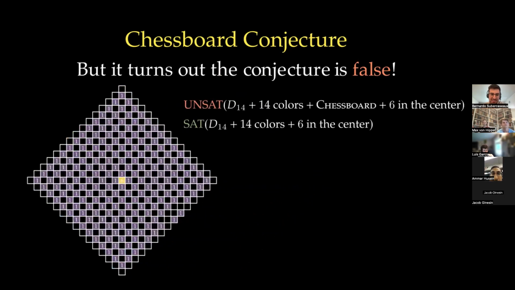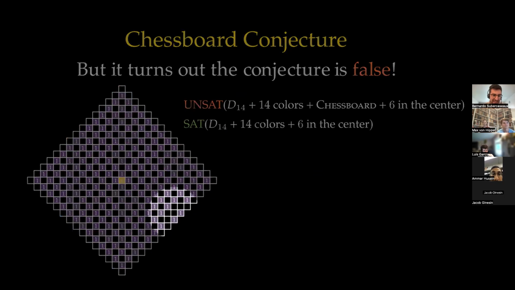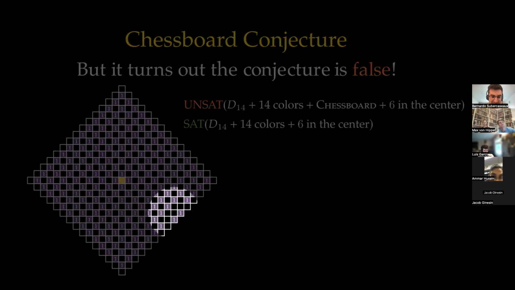So let's see what's happening. I'm removing everything that's not a 1 from the picture for you to be able to see it more clearly. And if you pay attention to this very border on the left, there are actually 2 ones that are out of the chessboard pattern. And weirdly enough, deviating by that amount is enough to have a solution when you consider the diamond of radius 14.